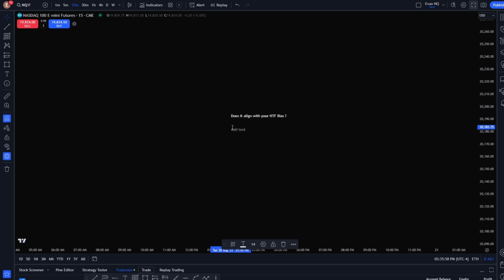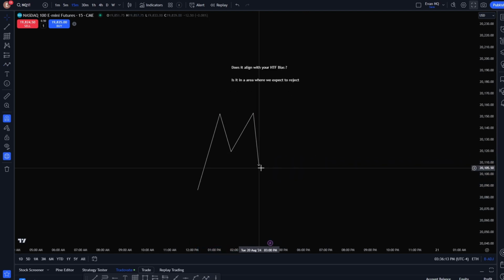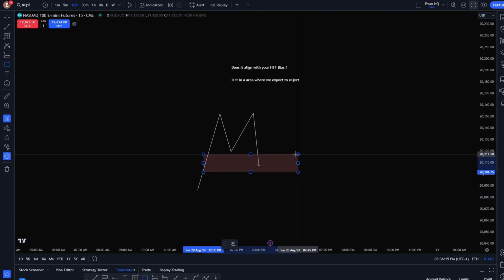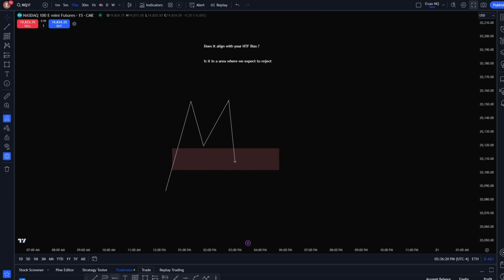Second, is it in an area where we expect to reject? Is price in a fair value gap or any type of PD array? Are we in some type of PD array where we expect to reject to go higher? Right here, SMT, sell side swept.